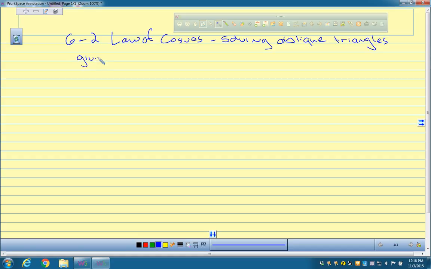It's used when given a side, angle, side, or side, side, side. With the law of sines, you can solve triangles if you have angle, side, angle, or angle, angle, side, or even side, side, angle, the ambiguous case. But for law of cosines, you use it when you have side, angle, side, or side, side, side.